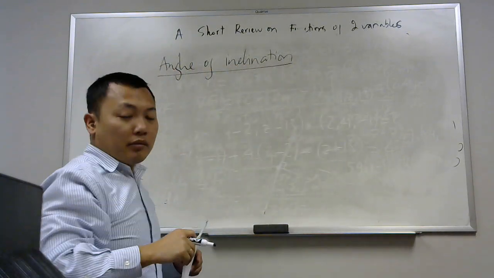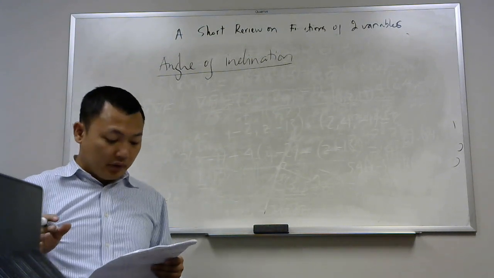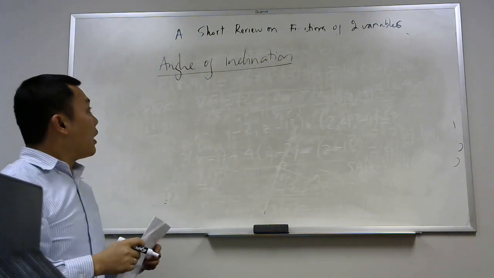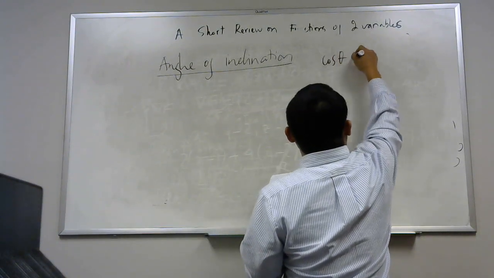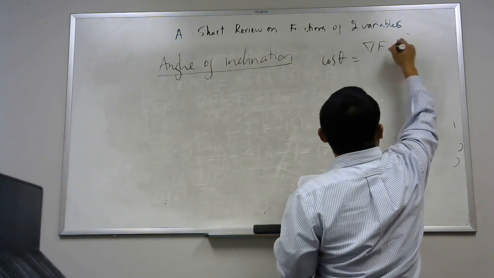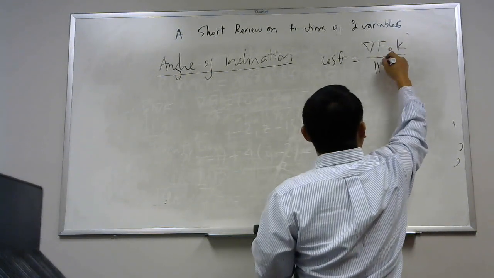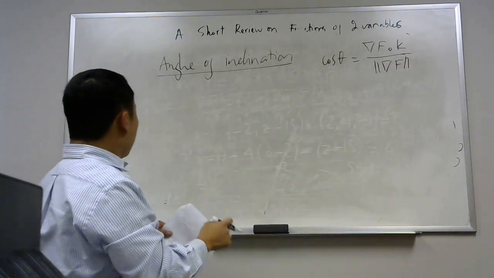So we know that, right? We have a formula. Please, I'll make a formula sheet for you and print it for the test. What is the formula of that? That is cosine of theta equal to the dot product with k, and then the gradient of f.